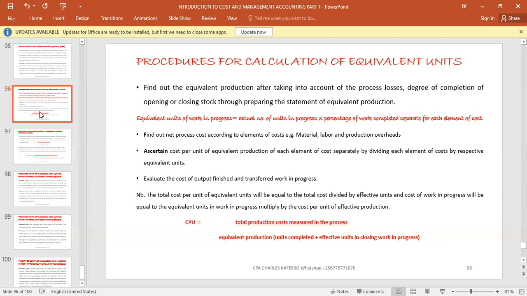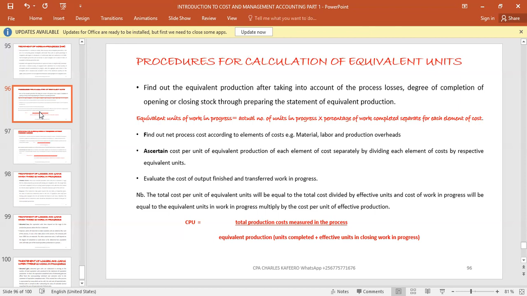And when you have evaluated the cost of the output of the finished units, then we also have to know the one for the work in progress, because we are evaluating the cost of output of finished units, and also have to look at the cost of the closing work in progress, if any. Hope you can be able to get that.